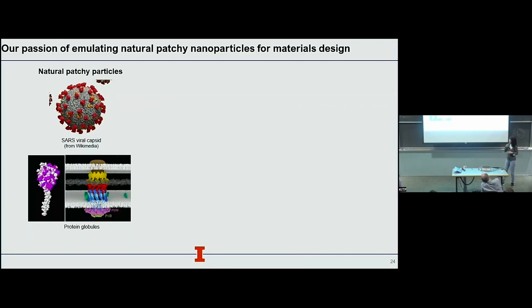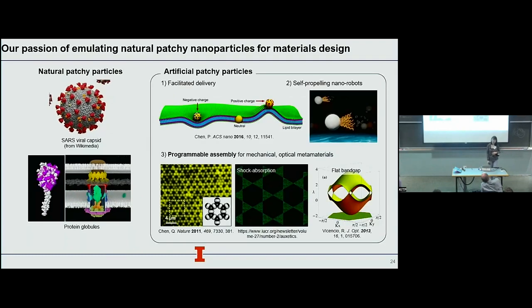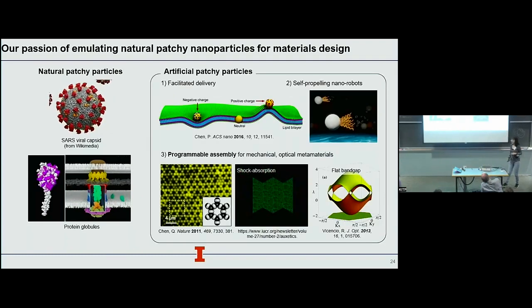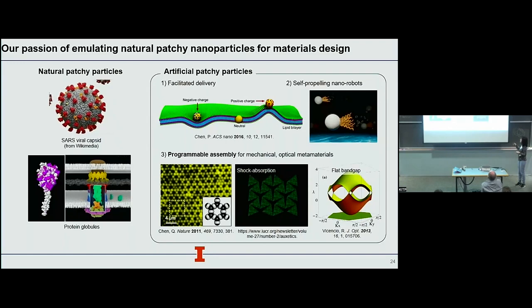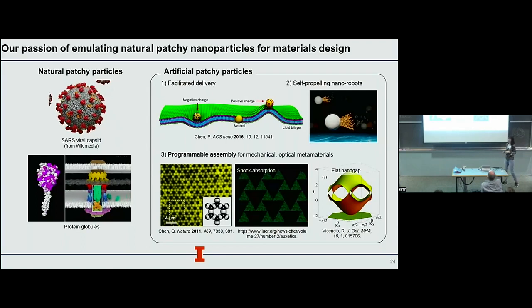Showing here, both viruses and proteins can have very rich patches on the surface. In the materials design principle, a patchy nanoparticle can facilitate delivery across the cellular membrane. They can also serve as self-propelling nanomotors. They can also self-assemble into these open lattices, which can have very interesting optical and mechanical properties.